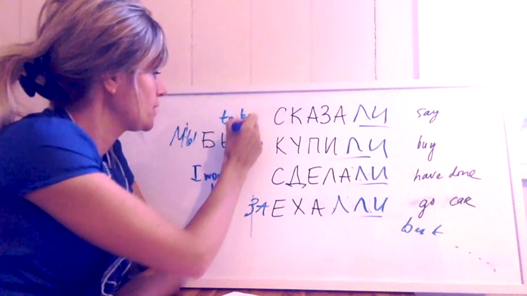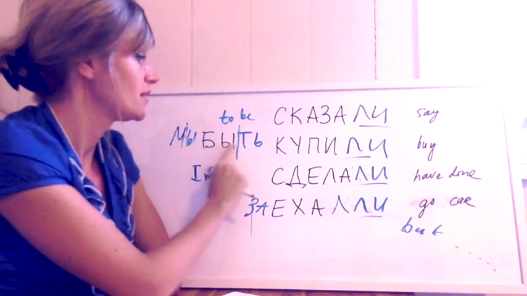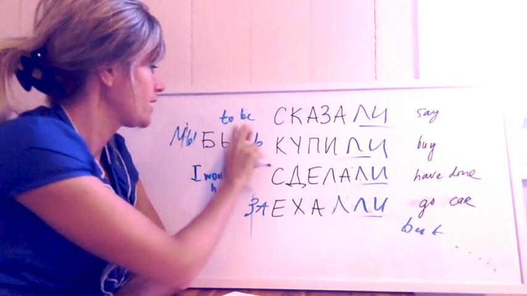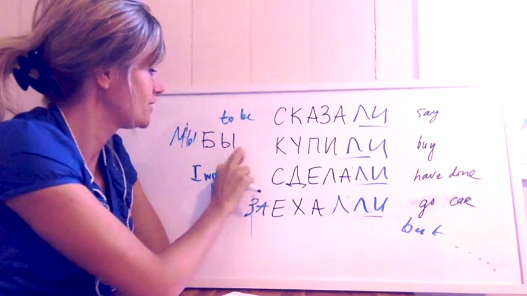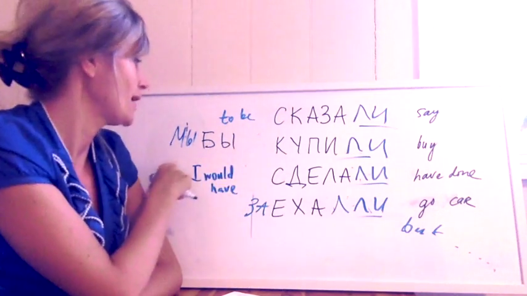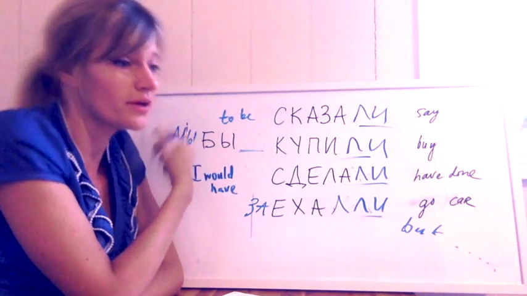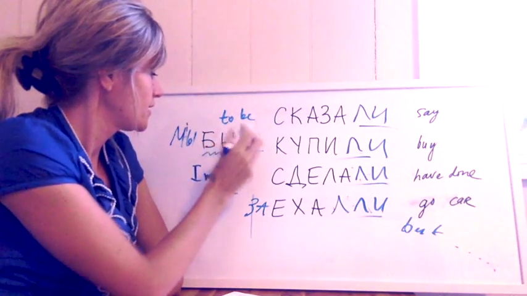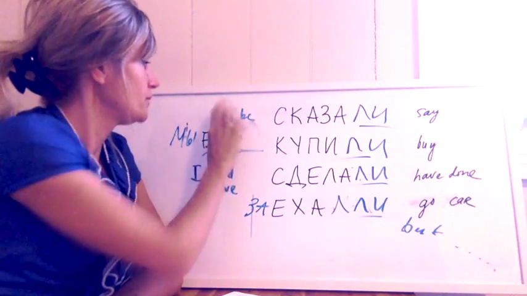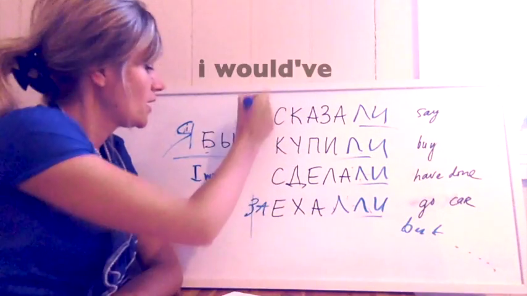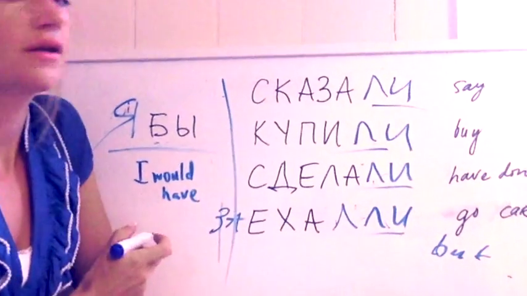And it's kind of split in between. It's like not finished, not complete. Like it's lingering in between reality. That's why it's hypothetical. Я бы, and nothing here. I would have, I should have, I wanted. It's kind of like not finished to be, you see? Я бы, and then past tense.